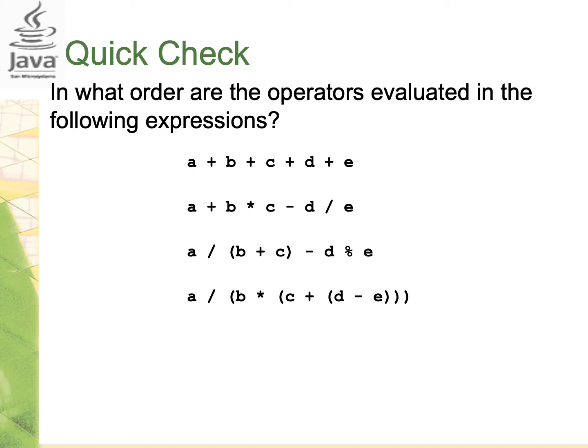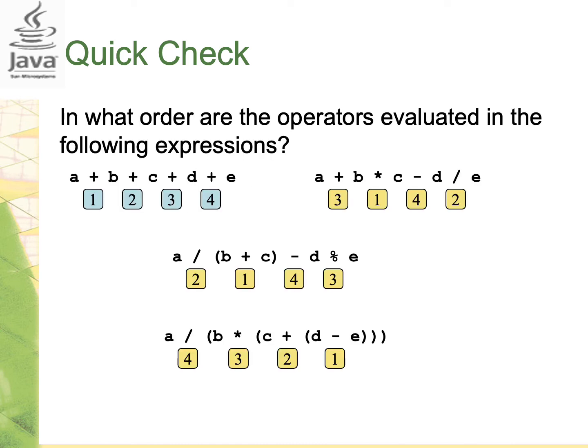Just a quick exercise. If we have these expressions, in what order are the operators evaluated? Let's look at the first one, a plus b plus c plus d plus e. So because they are in the same precedence level, it will be evaluated from left to right.